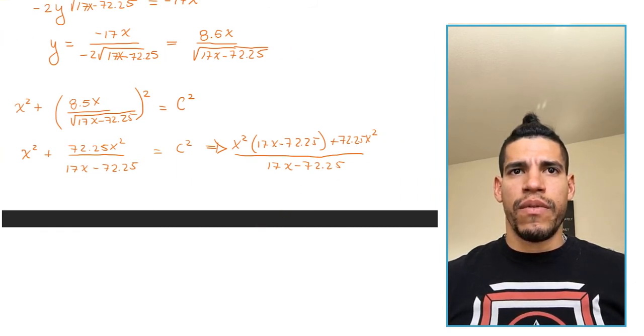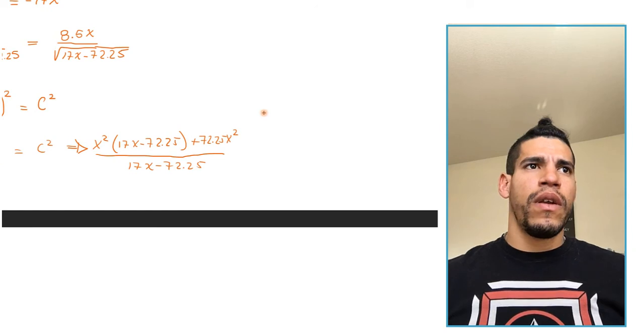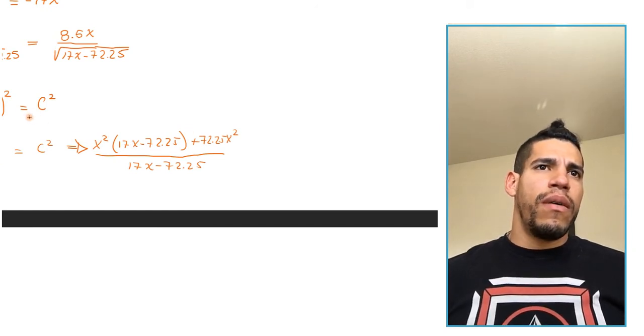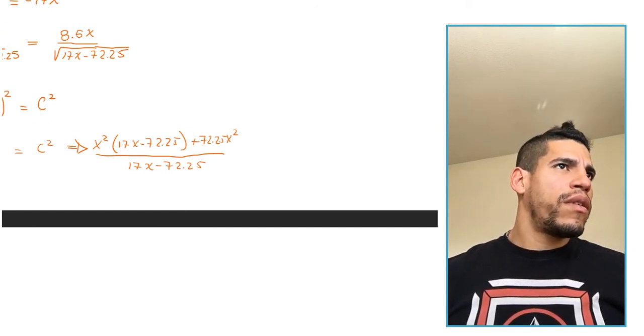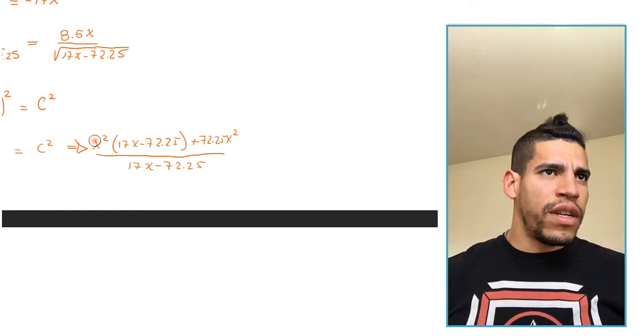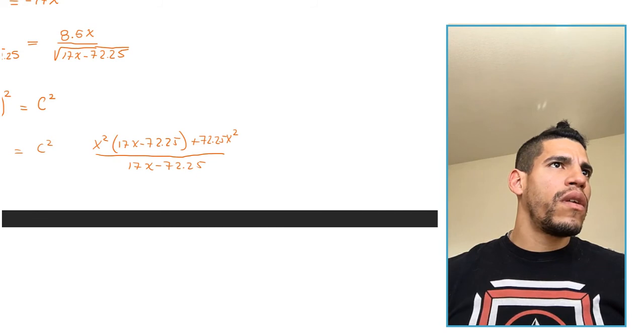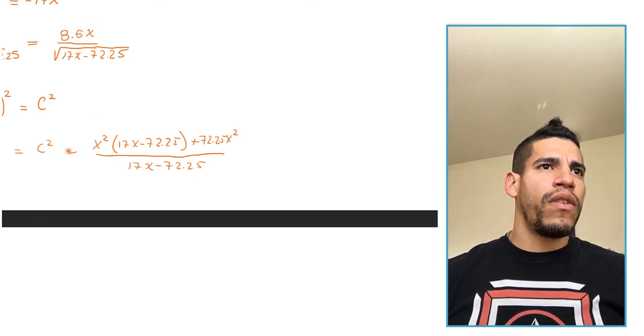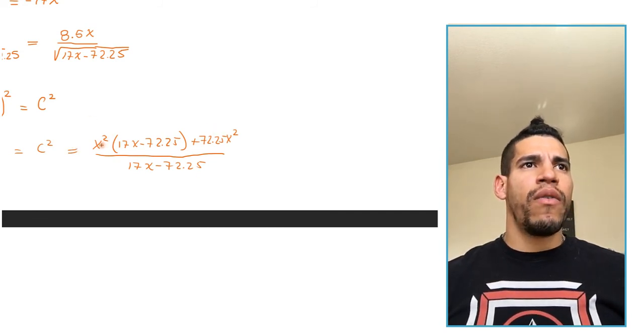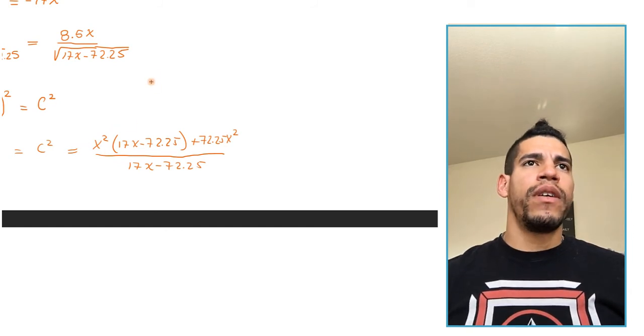So let's move to the right. Let me erase this implication sign because it's actually an equal sign. Okay? So this is equal. Now, we distribute the x squared. So let me continue from here.